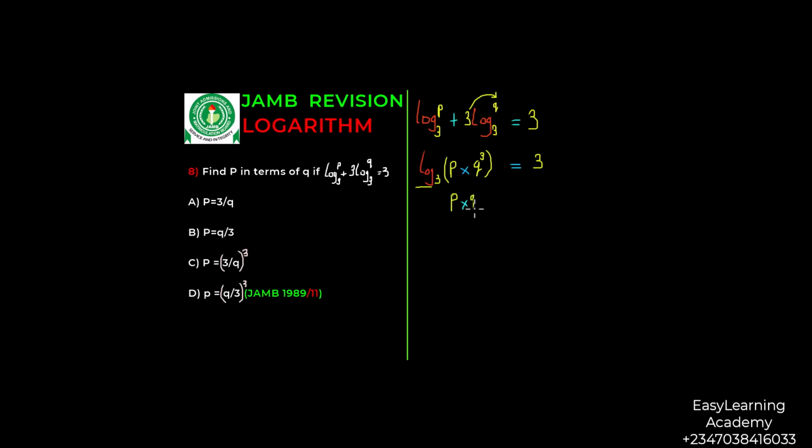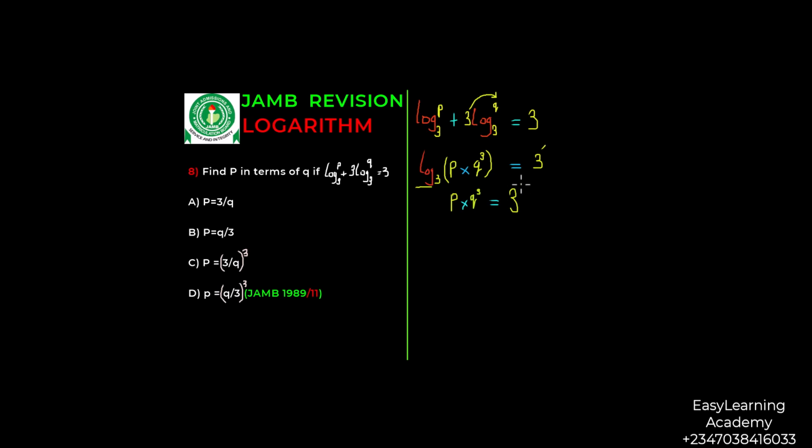Now it will be equal to, in logarithm, this 3 here is the power, and the other 3 is the base. So writing this log out in indices form, the base happens to be base 3, and this other 3 here is going to become the power.